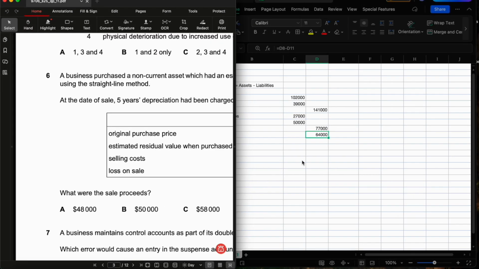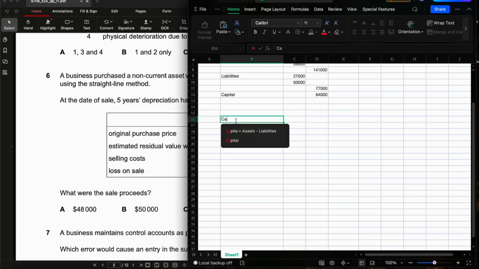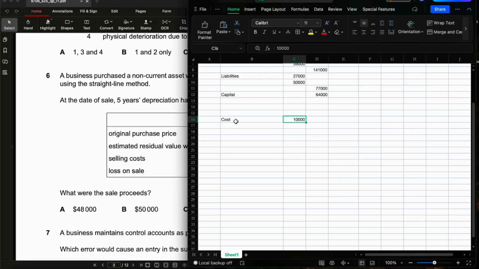Let's do some calculations here. The cost is given to us, and that is 100,000. They also gave us the residual value. Now, to calculate depreciation, the formula is cost minus scrap value, divided by useful life.